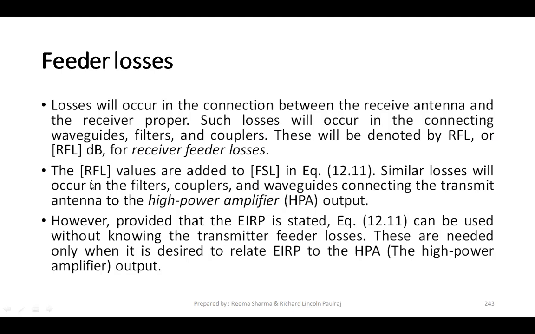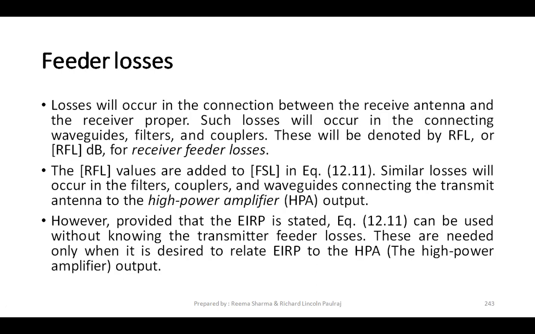Similar losses will occur in filters, couplers, and waveguides connecting the transmit antenna to the high power amplifiers. As the complexity of your device increases, the number of losses also increases. You'll have to take note of this and make sure that even these losses are considered. If you have to model a system, you have to model it in such a way that you take care of all these losses.